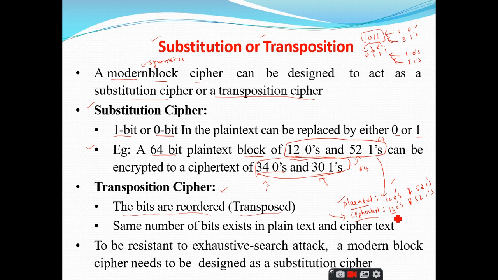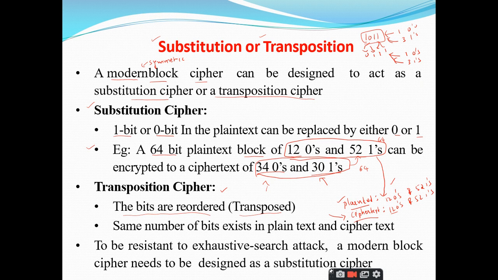Why? Because the ciphertext and the plain text consist of exactly the same number of zeros and ones. Maybe he will not get the exact plain text, but he knows that the ciphertext and the plain text consist of the same number of zeros and ones. Is it clear?